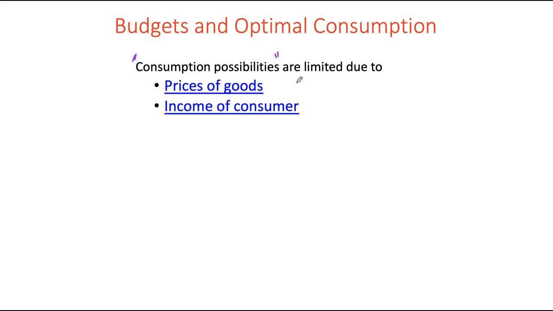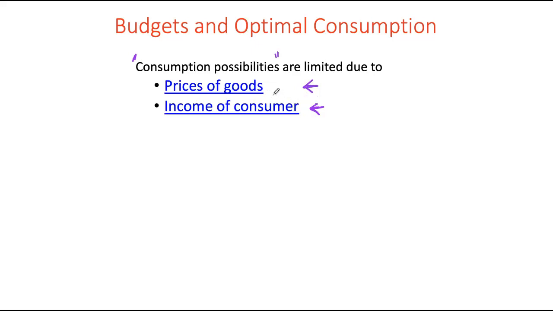Consumption possibilities are not unlimited. Our wants are unlimited. We always like more of everything, typically. However, we cannot afford more of everything. So why is that? Because typically consumers are working with a set amount of income. So they have limited resources. The income is limited. And also they're working with prices of goods and services, which are not determined by consumers, or at least not by the individual consumer.